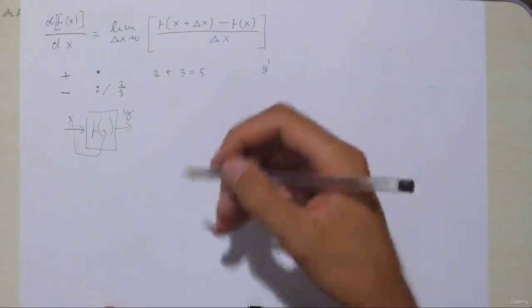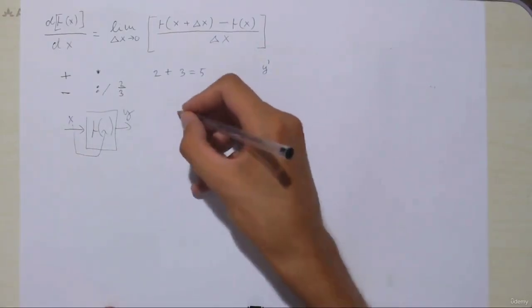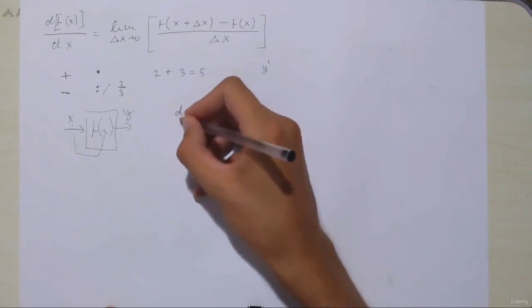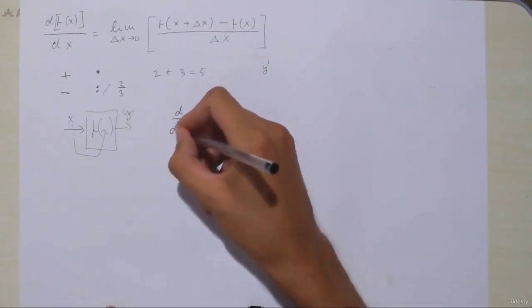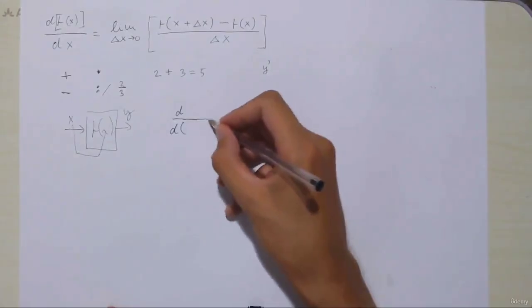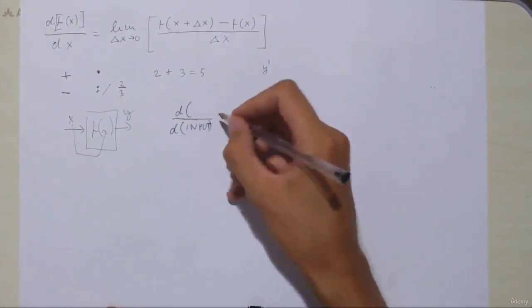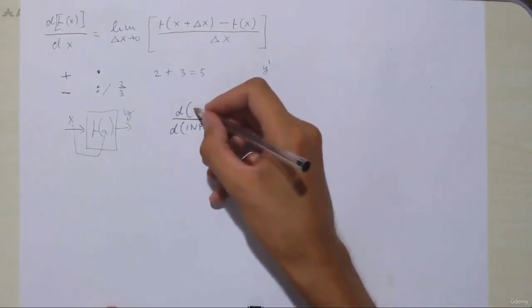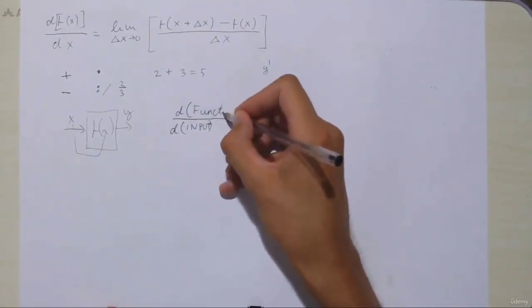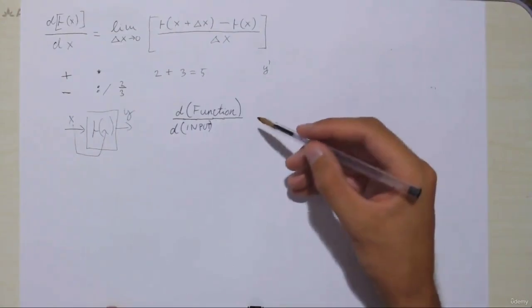So a differentiating operator is something like this. d, d, and in the denominator, you put the input, and in the numerator, you put your function. And that's your operator, the differential operator.